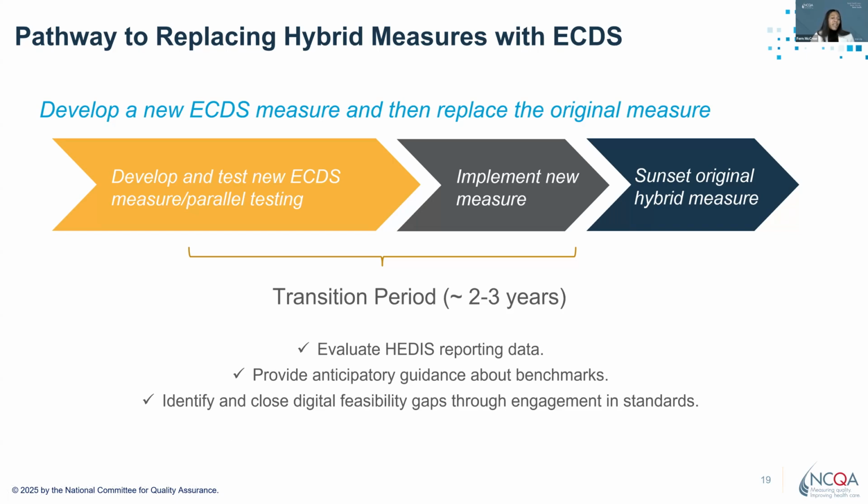We will provide anticipatory guidance around benchmarks, as well as continue to identify and close digital feasibility gaps through our engagement with our stakeholders, as well as engaging with standards. And so this phased approach, again, really ensures that we can maintain the integrity and reporting accuracy throughout that transition.